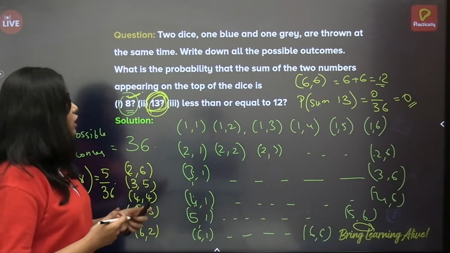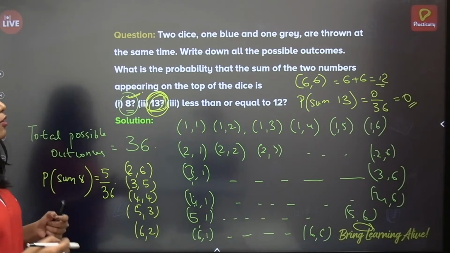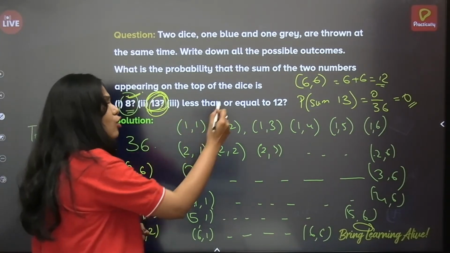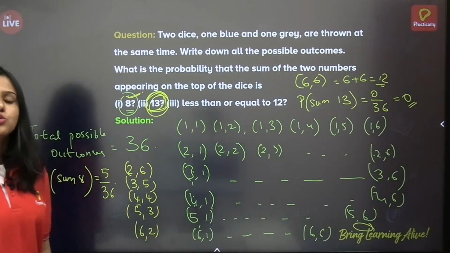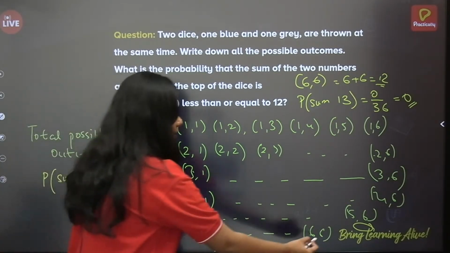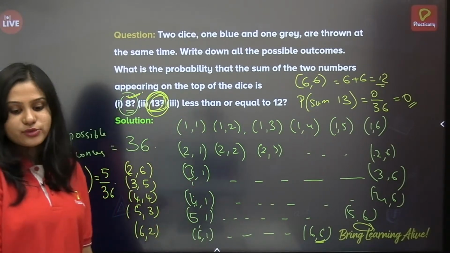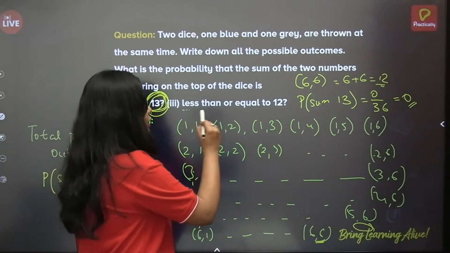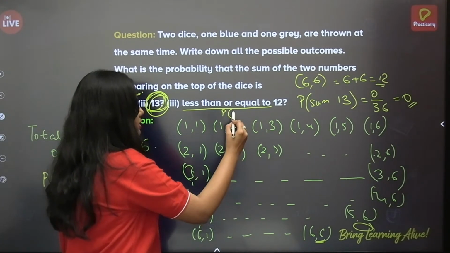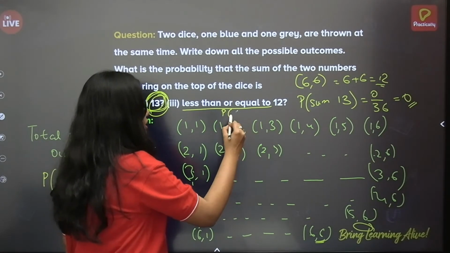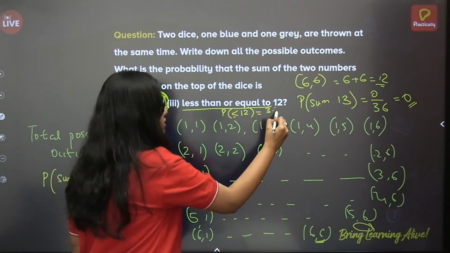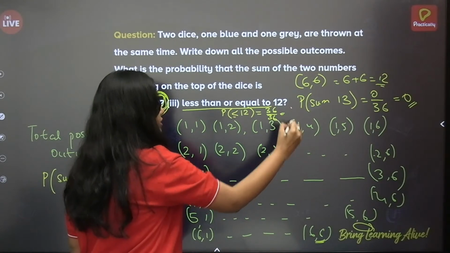Next, what is the probability that the sum of the two numbers appearing on the top of the dice is less than or equal to 12? So what is it? It is 1. It is a sure event because at most we'll be getting 12, otherwise less than 12. Correct? So the probability of less than or equal to 12 is 36 by 36, that is 1.